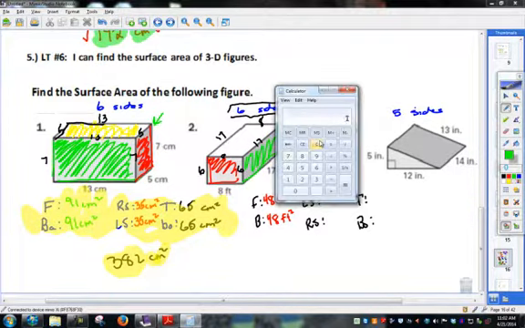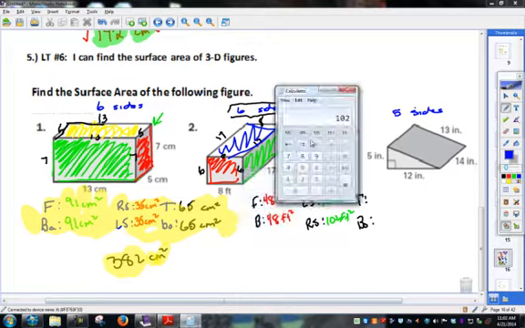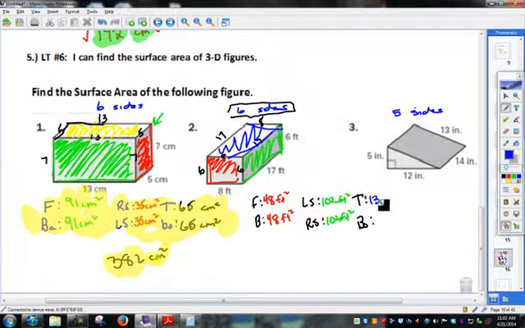That's okay. 17 times 6 equals 102. So I know that the left side and right side are both 102 feet squared. And then the top, which I'll highlight in blue, I know is going to be 8 by 17. Okay, so 8 times 17 is going to give me 136 for both of these.